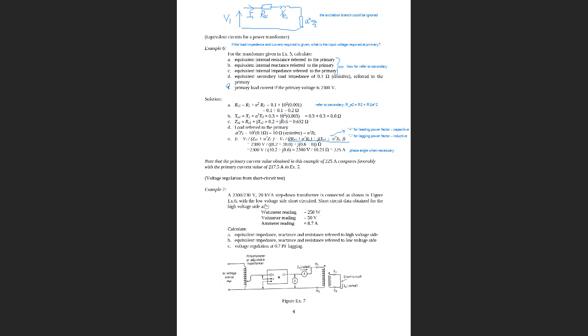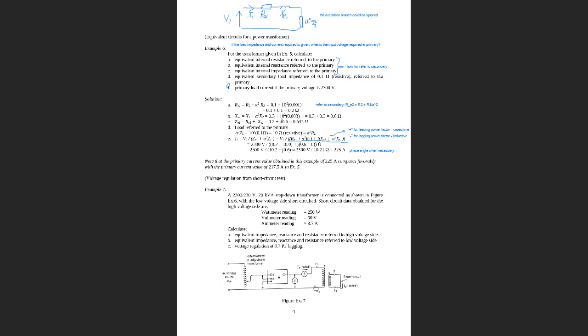Okay, so 20 kVA with rating 230 volts at the secondary and 2,300 at the primary. So its rating current at the high voltage side, as I will show you later, will be 8.7 amperes.